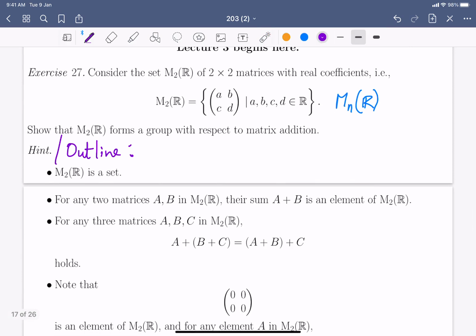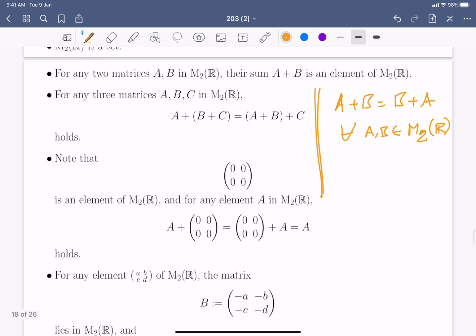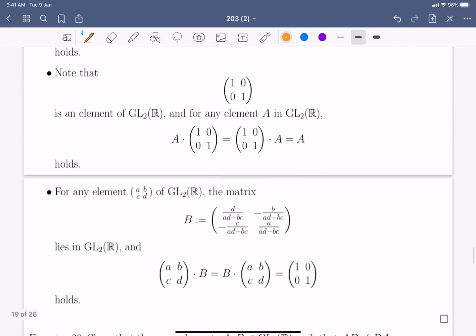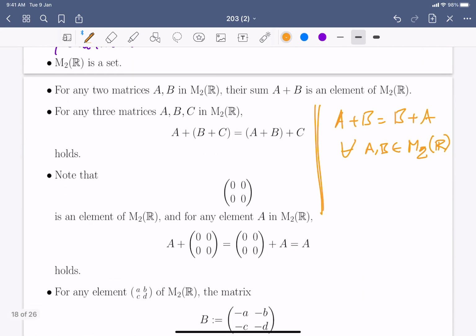Okay, so M2R has the nice feature that A plus B is B plus A for all A, B inside M2R. Just let me indicate that this is a shorthand for all.